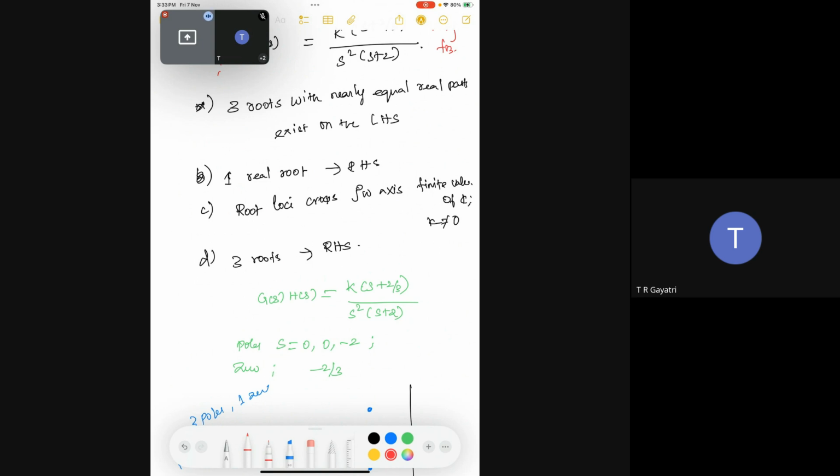One root will be here. One real root will be in RHS. No. Root locus crosses the j omega axis at a finite value. 3 roots in the RHS. So this is going to be the correct one.